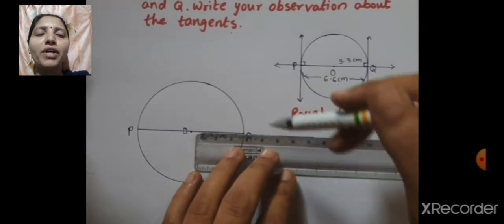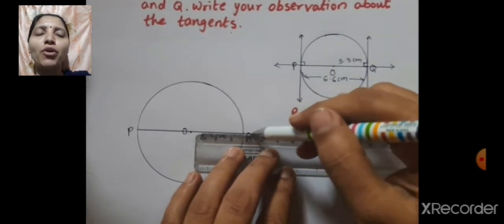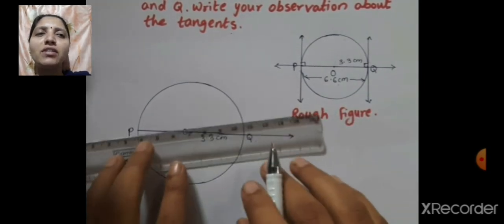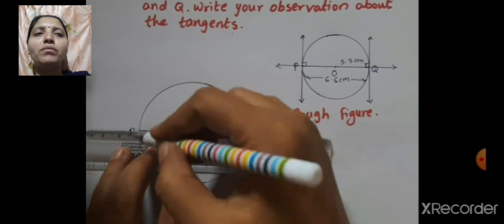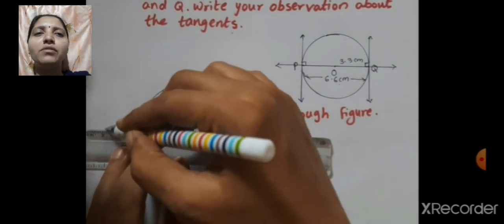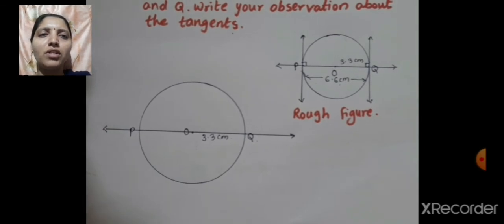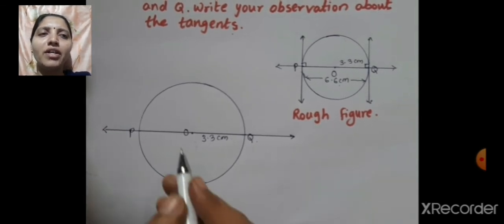Now you have to draw tangents at point Q and point P. For that you have to extend the radius on both sides. So this way you have extended the radii.